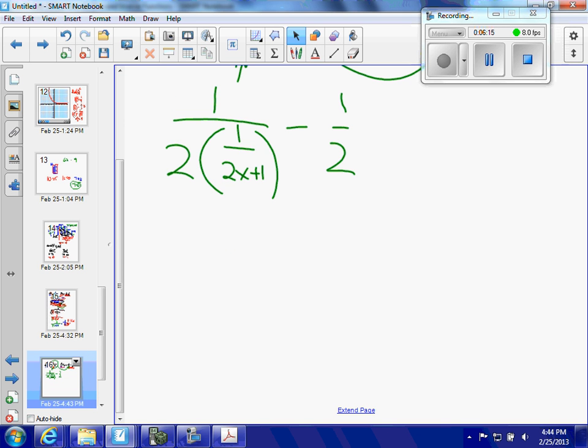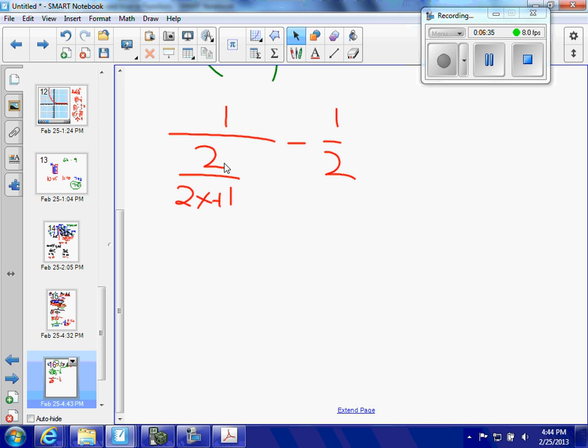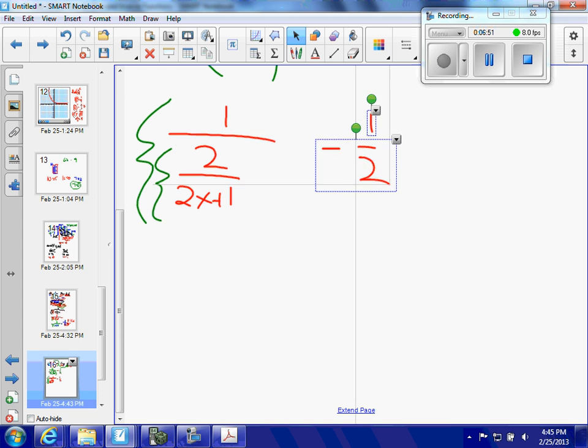Let's work some algebra on this one. I have 1 over, I'm going to multiply this, so this would be 2 over 2x plus 1 minus 1/2. Well, I don't like that I have a fraction here under a 1. So I'm going to try and simplify this larger term right here. And I'm going to do it by multiplying by the reciprocal. Let's take my 1/2 right here and just move it a little off to the side.